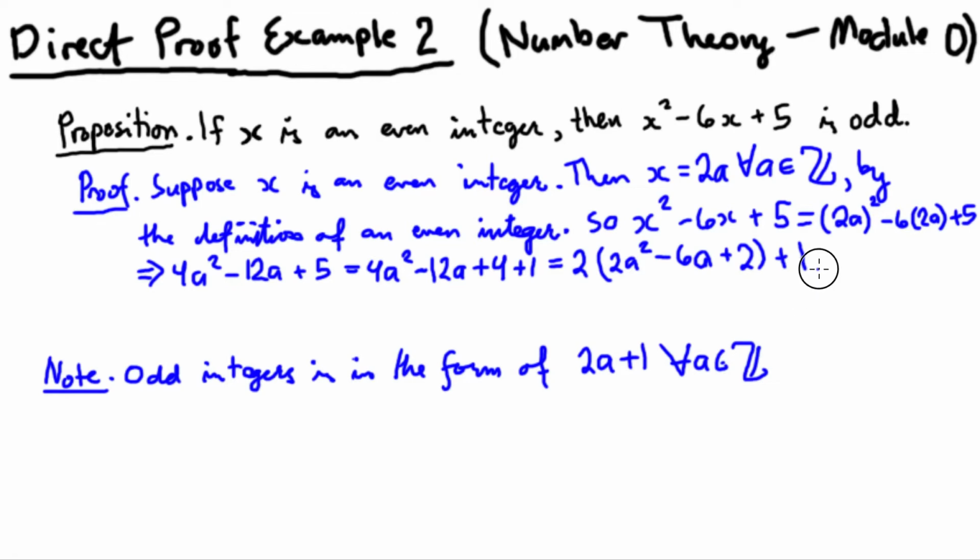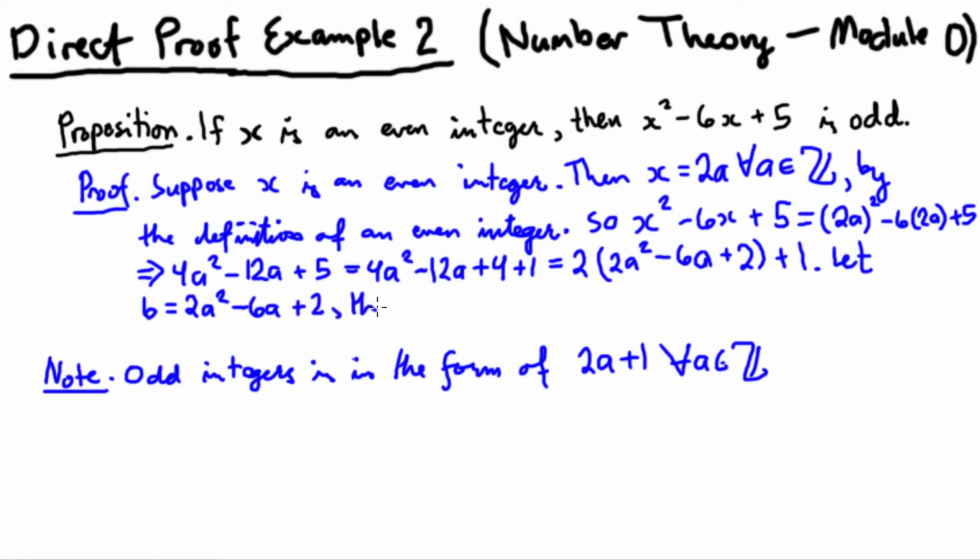Now this form is already in the form of 2a plus 1. We just let some integer b be equal to 2a squared minus 6a plus 2.